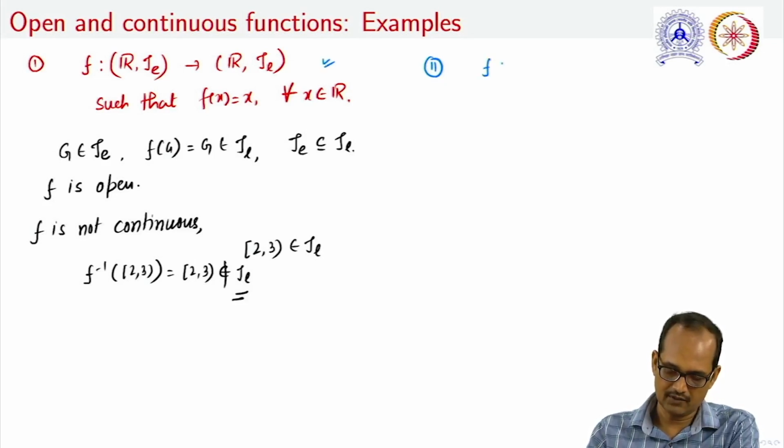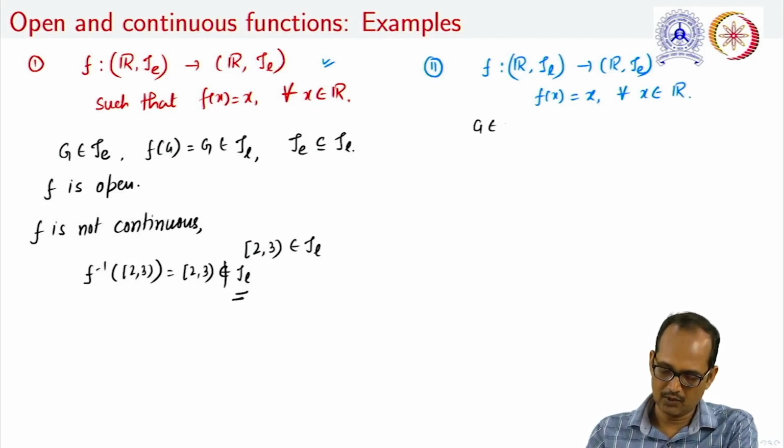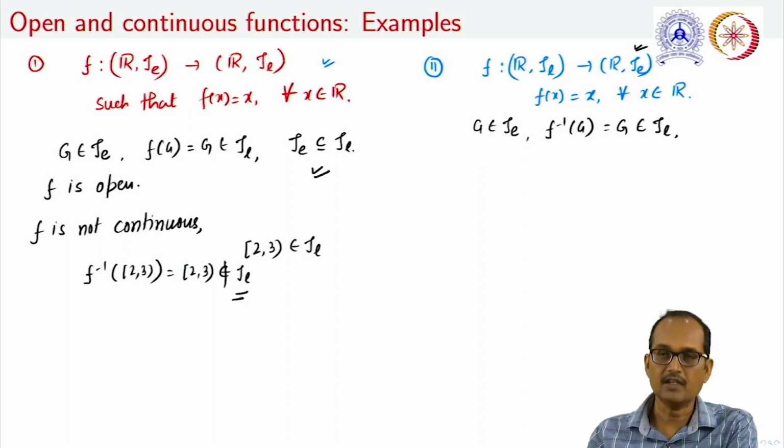Let us take a function f from R with lower limit topology to R with Euclidean topology, and again we are taking the function as an identity function, f(x) = x for all x belongs to R. Now if we are taking any G belongs to tau_e, that is, G is open with respect to Euclidean topology, and we are computing f inverse of G, that will be G, and that will again belong to lower limit topology, with the same justification as Euclidean topology is coarser than lower limit topology, and therefore this f is a continuous function.